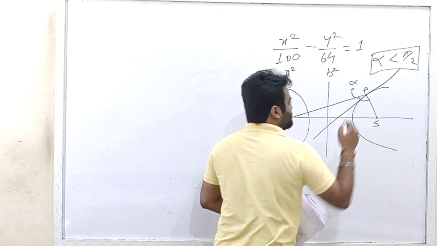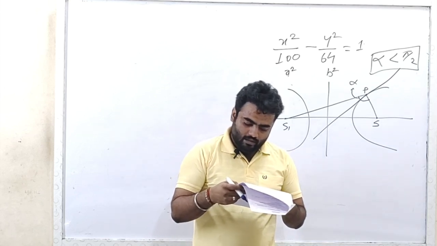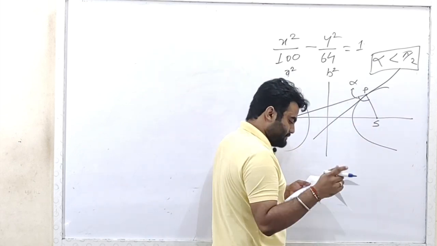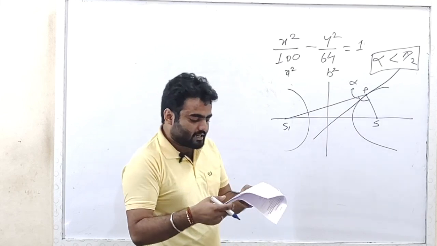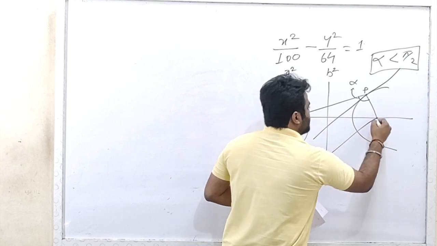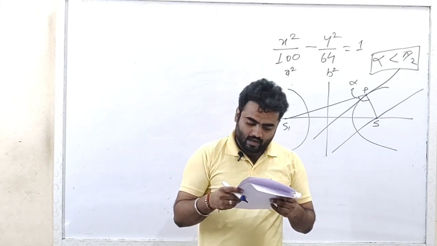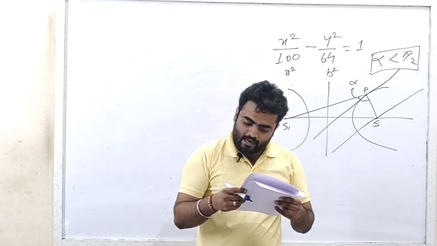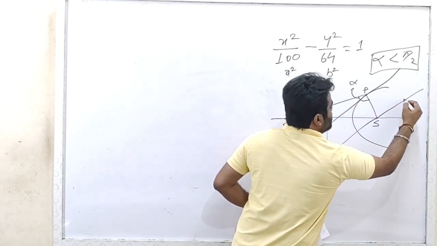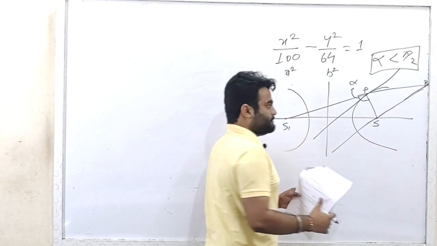This is the tangent passing through point P, and through the point S one straight line is passing and having the same slope as that of the tangent at P. Same slope means it is parallel to this tangent line to the hyperbola, and it intersects the line S1P at P1. This line is going over here somewhere and it is intersecting at point P1.